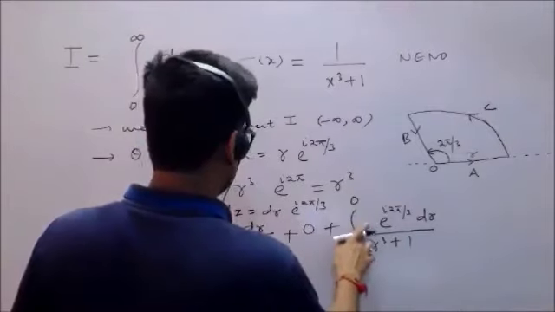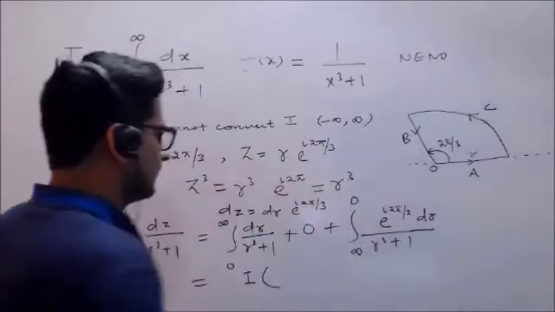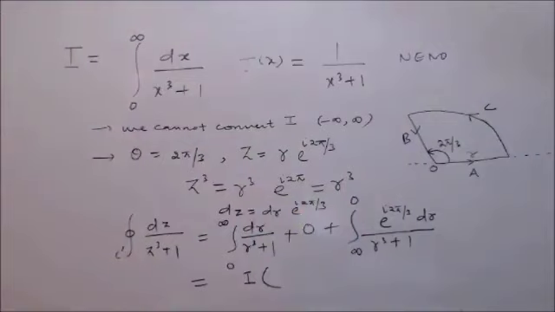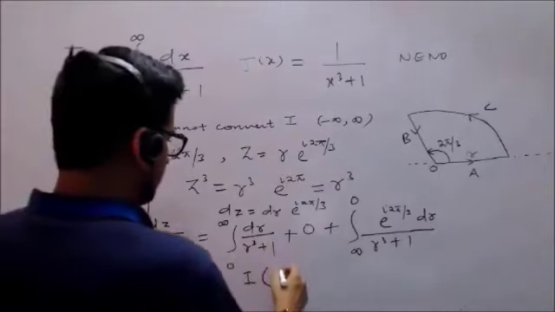R will not be there. For the value of dz will be dr into e to the power I 2 pi by 3, and in denominator this. So what will be the value here?